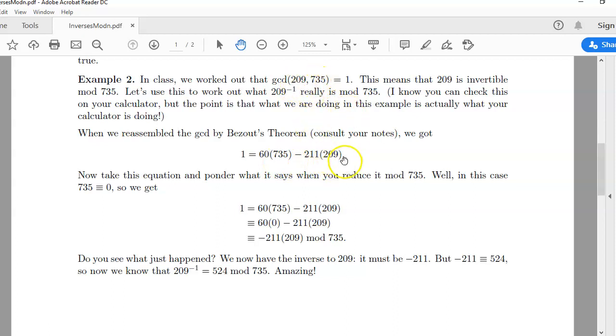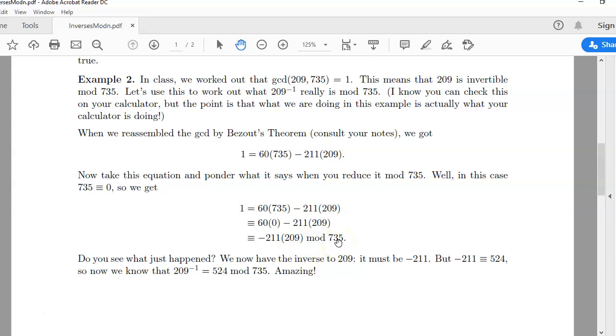Now the trick is to take this equation and reduce it mod 735. When you reduce this equation mod 735, 735 is 0, so this term drops off. So 1 is equal to 60 times 735 minus 211 times 209, but 735 is 0, and this term drops off, and what you get is that 1 is congruent to negative 211 times 209 mod 735.